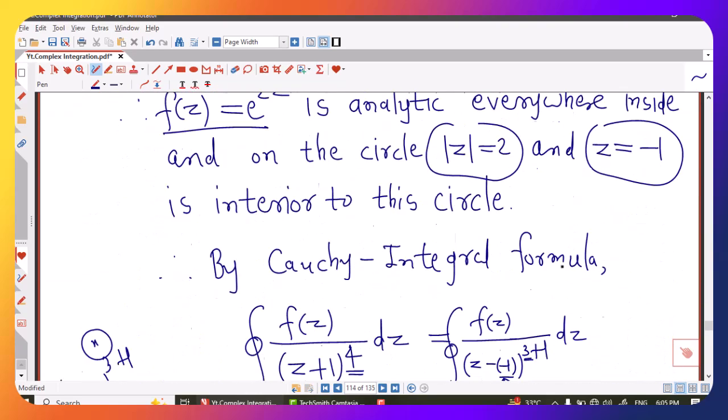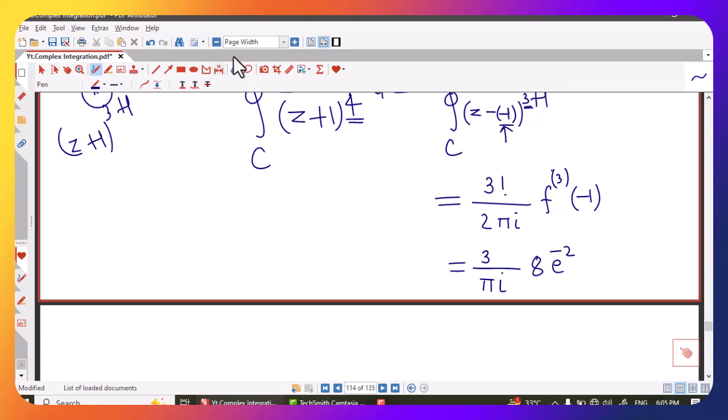Here I have written n factorial divided by 2 pi I. So this is 2 pi I divided by 3 factorial, and now this 2 will get cancelled, and here we will have 1. Let me correct this. So 2 will get cancelled, pi I divided by 3, and this is 8 times e raised to minus 2.